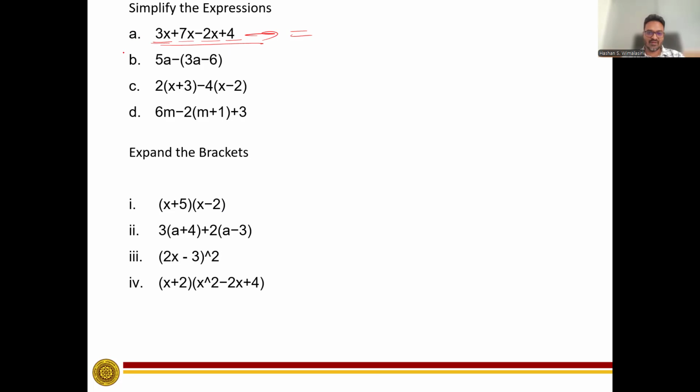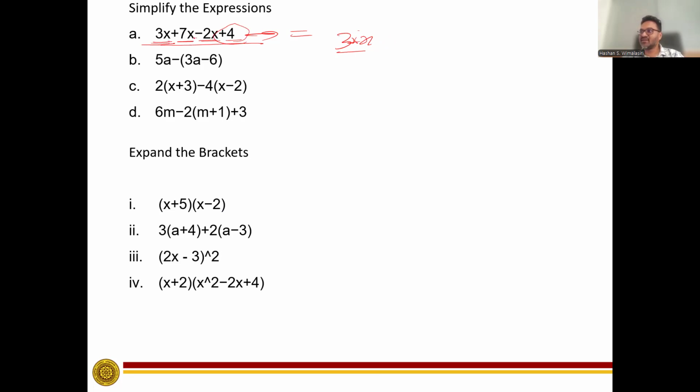Right. So when we discuss this, we can't add all of these things, right? Because the 4 is there. Normally we identify these as like terms. These are like terms, and the 4 is not the same, because 3x has a multiplication between the 3 and x. So 3x is one term and 7x is the same.